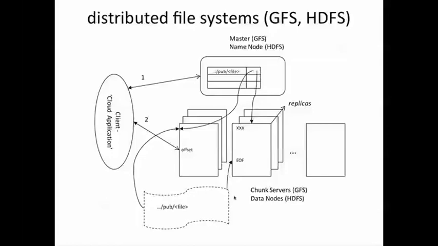So if there are many clients reading a large file, typically they will be accessing different chunk servers, and therefore these reads are happening in parallel. As a result, input at least doesn't become a bottleneck in a parallel MapReduce job.